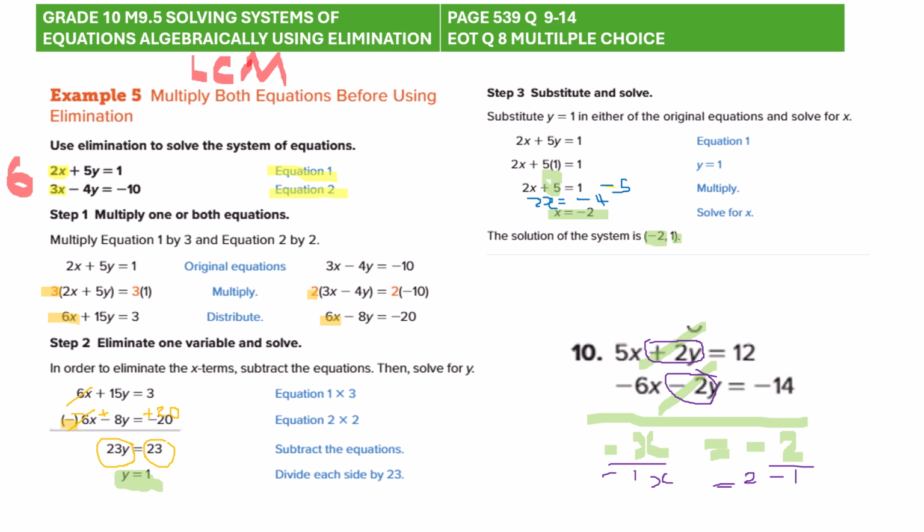If we look at example number 10, this is a very easy example because we have positive and negative and both of them will be 0.